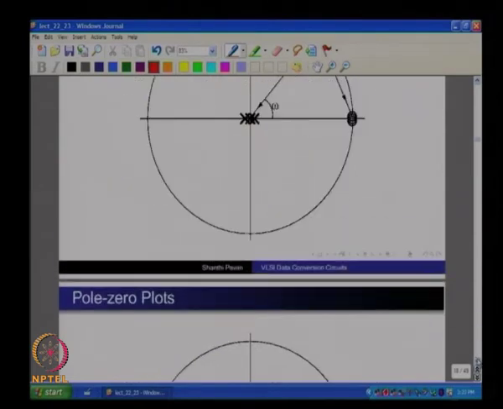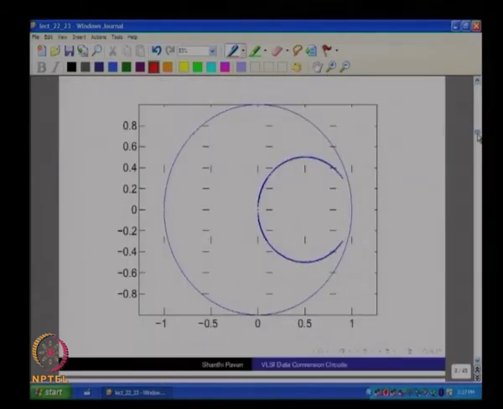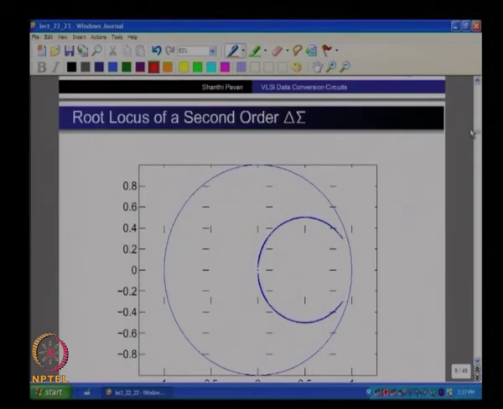I also did that for a second order delta sigma loop. Again, what corresponds to the NTF is 1 minus z inverse the whole square. So, for K2 equal to 1, where are the poles located?